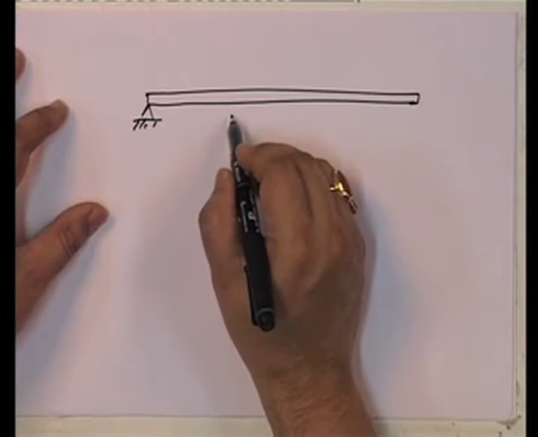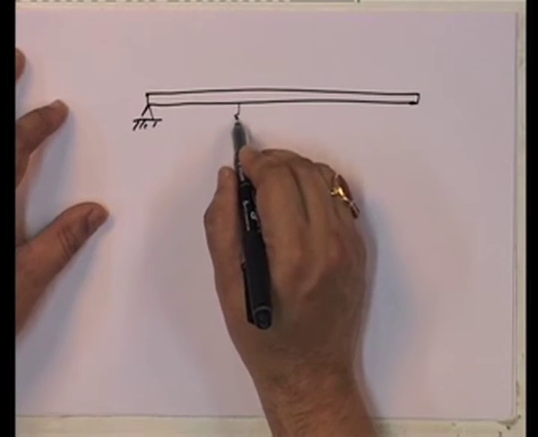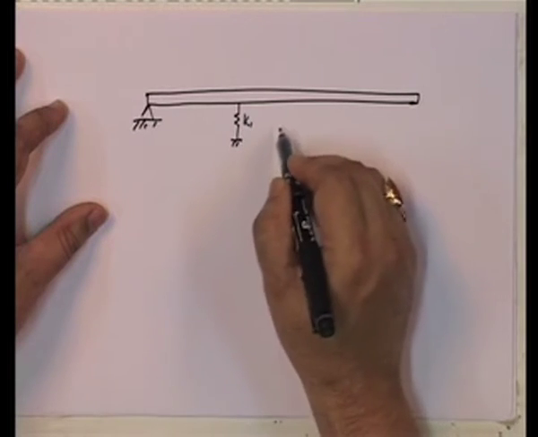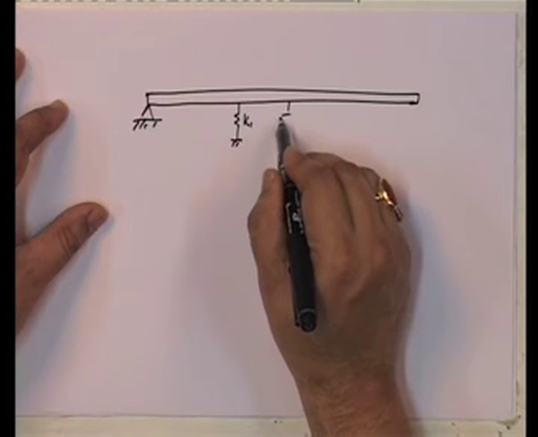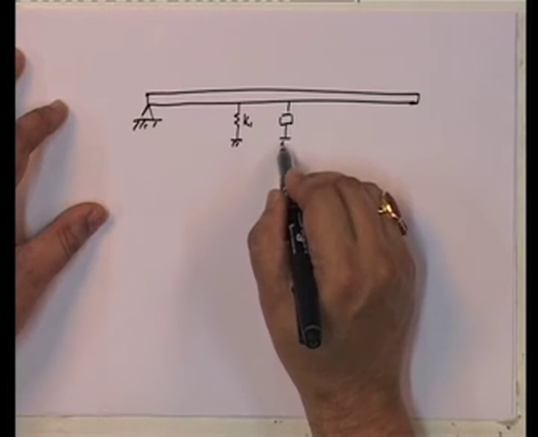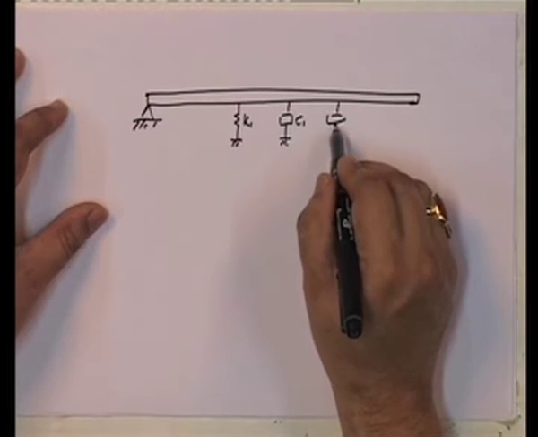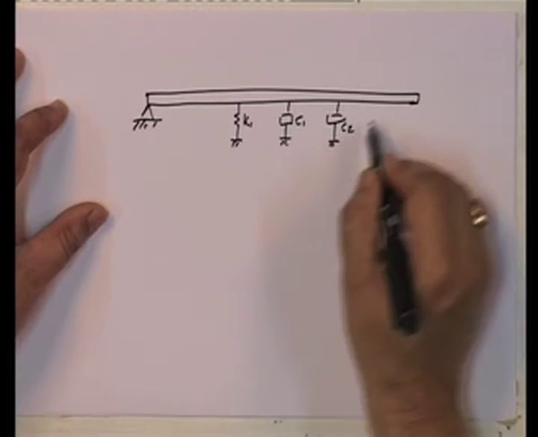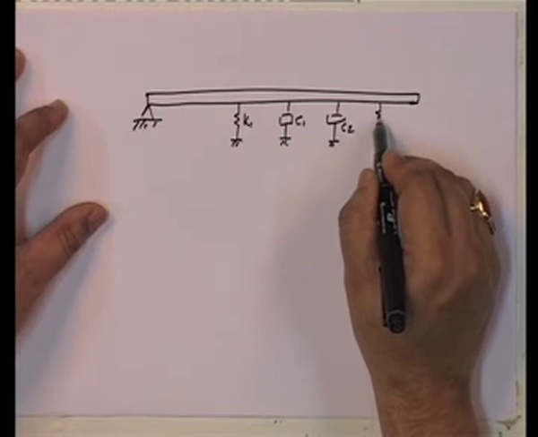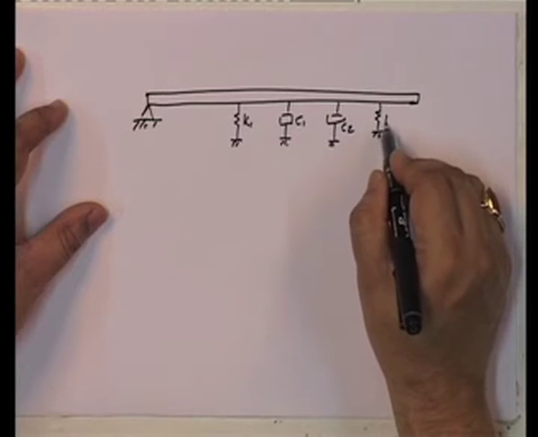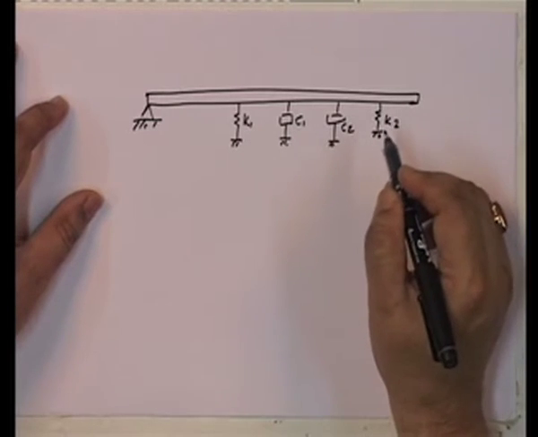And I will call this K1, this will be C1, call this C2, call this K2, okay.